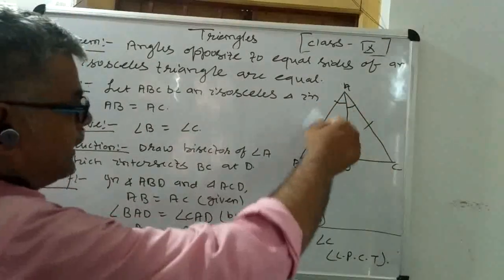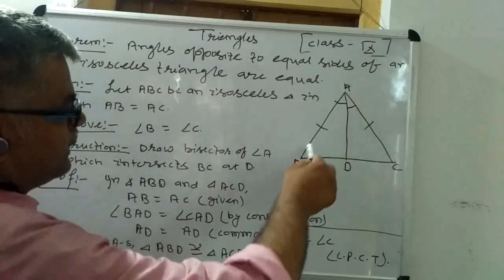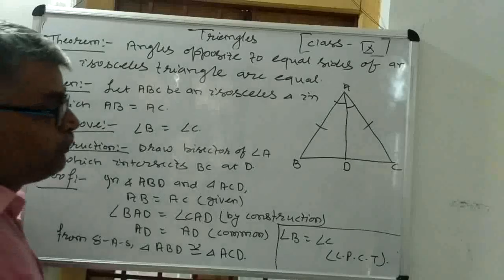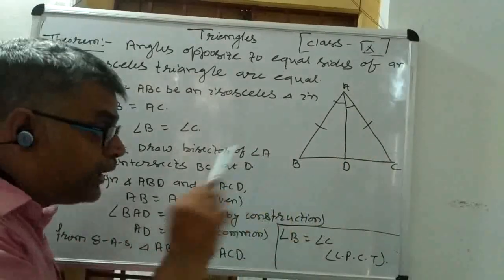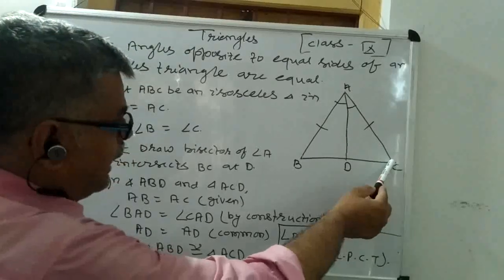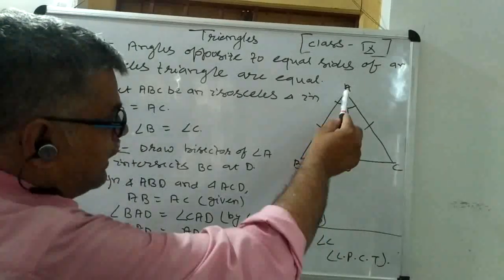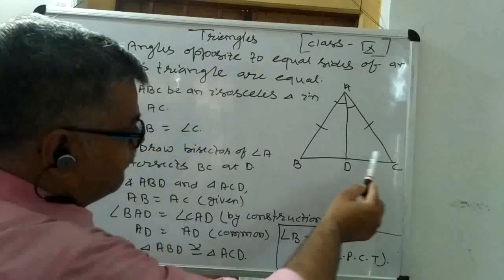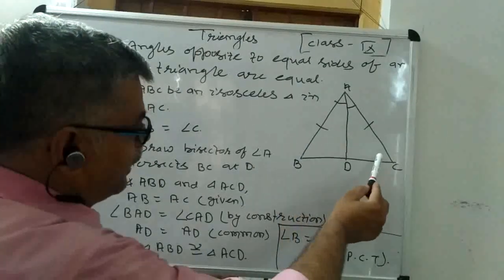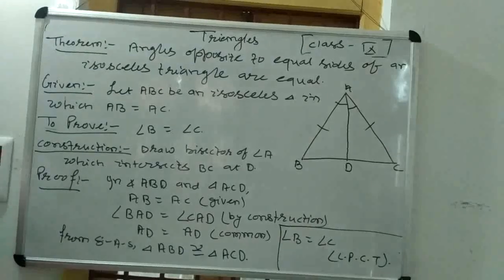Triangle ABC is an isosceles triangle in which side AB is equal to side AC. So we need to prove that the angles opposite to the equal sides are also equal. Angle opposite to equal side AC is B and angle opposite to the equal side AB is C. So we need to prove that angle B is equal to angle C.